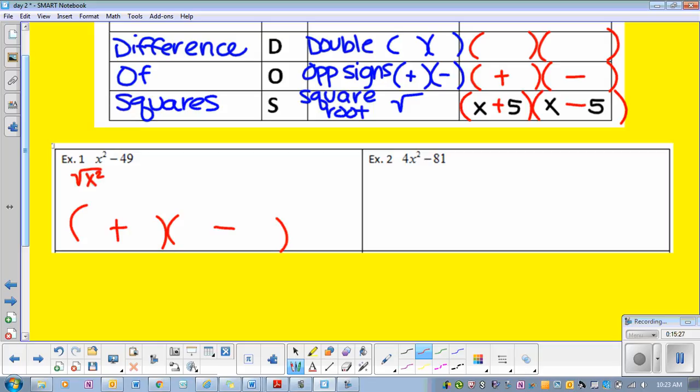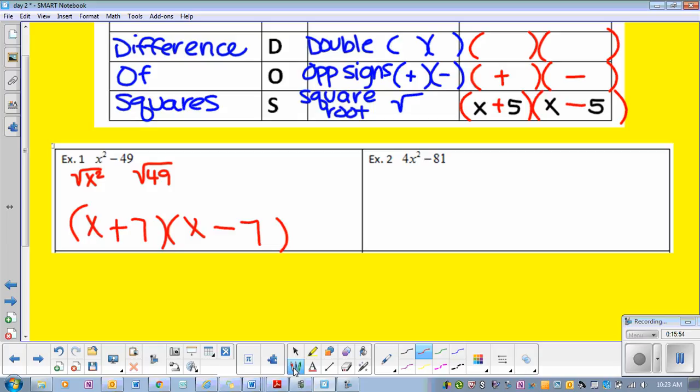X. So that goes in the first one. What's the square root of 49? 7. And that's also in the calculator too. Does anyone need to see where to get square root in the calculator? Oh, okay. Alright. And that's it. That's your factored form.